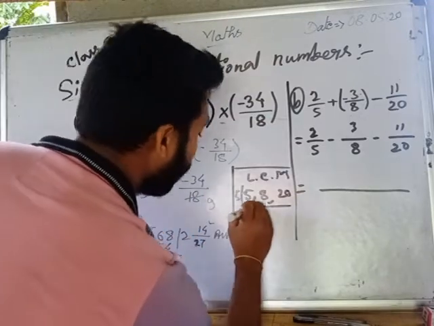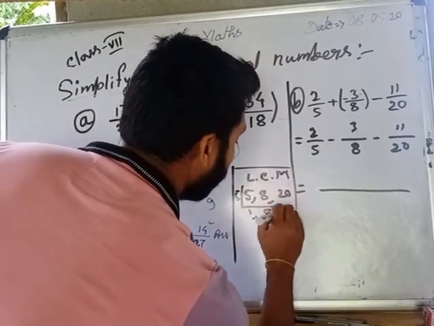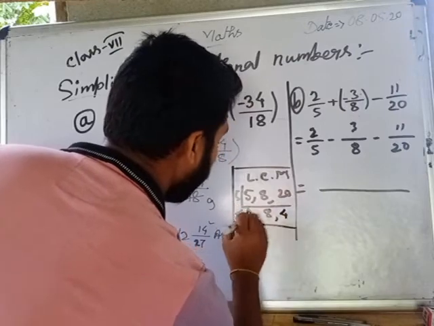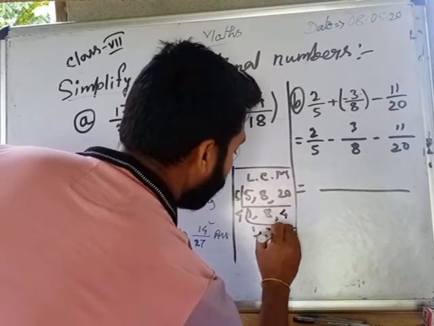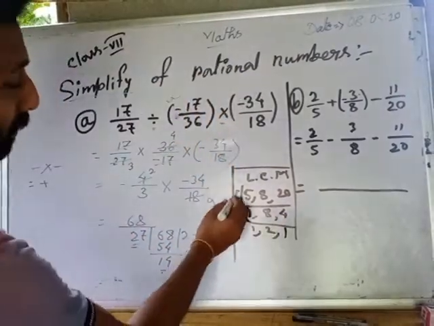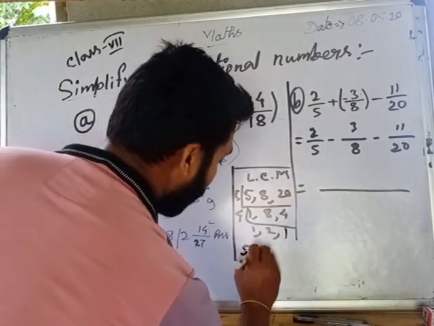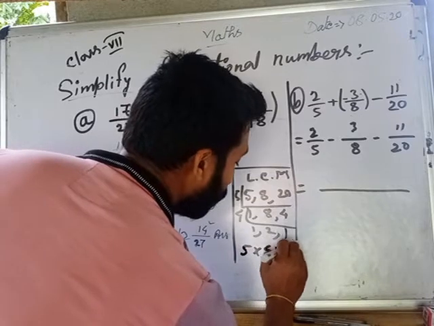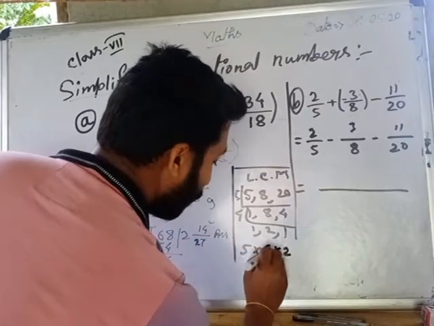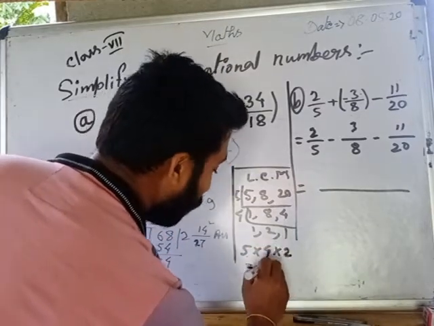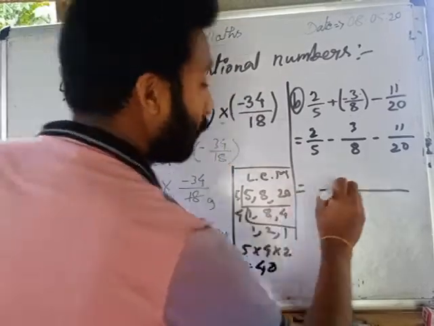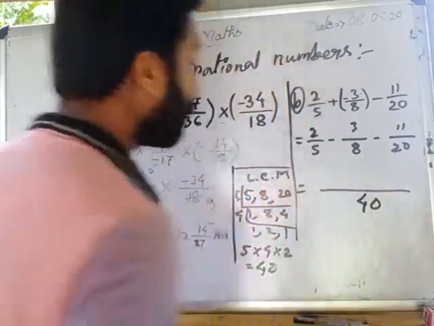If we write here 5, 5 1s are 5, 8, 5 4s are 20. 4, 4 2s are 8, 4 1s are 4. That means 5 4s are 20, plus 20 multiply with 5, 4, 2. That is 5 4s are 20 plus into 2, that is 40. So we should write here 40.